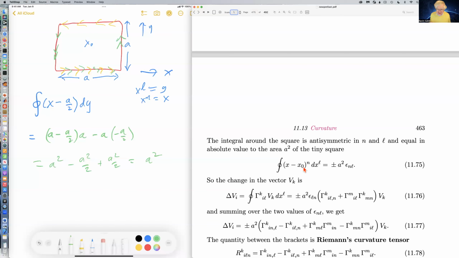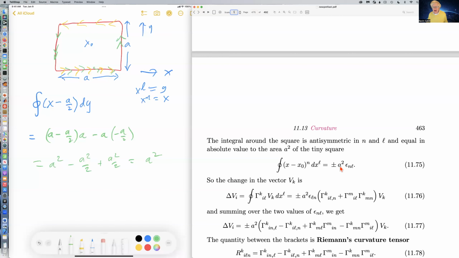We're integrating x, and we're doing a dy integral, and the dy integral is just up the y-axis at x equal to a, and then down the y-axis for x equals 0. And on the other two sides of the square, dy is 0. So that's how it works.